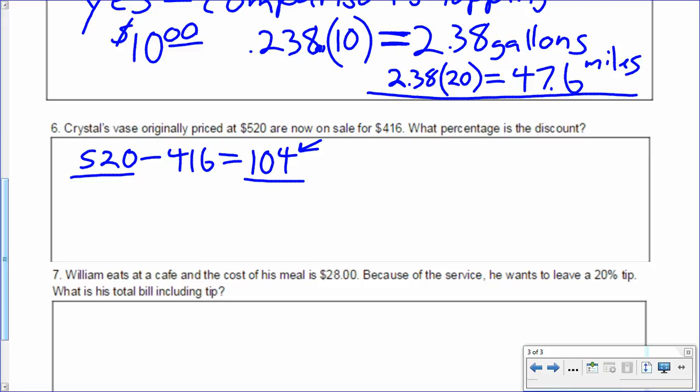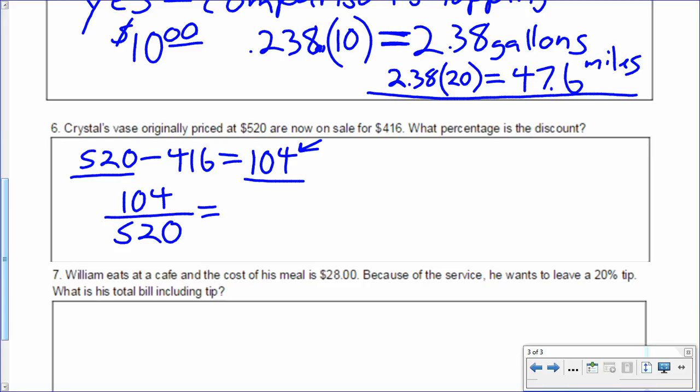Okay, now we know if we can make a fraction out of this somehow, we can convert it to a decimal, and we know we can convert a decimal to a percent. So, why don't we try 104 over 520? Okay, it's the parts over the whole. So if the whole is 520, we want to know what part of that is 104. So we can just do the division.